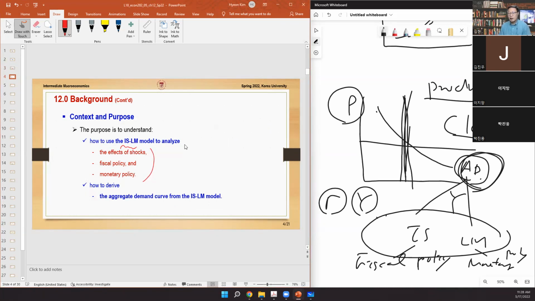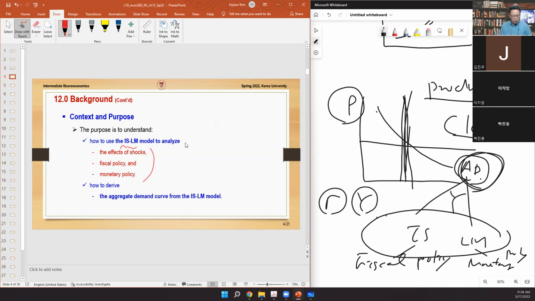That means this IS-LM model or aggregate demand and supply model looks like some type of experiment. Even if it's not a natural science experiment, it looks like we have an experiment with a simple IS-LM system or aggregate demand and aggregate supply system.